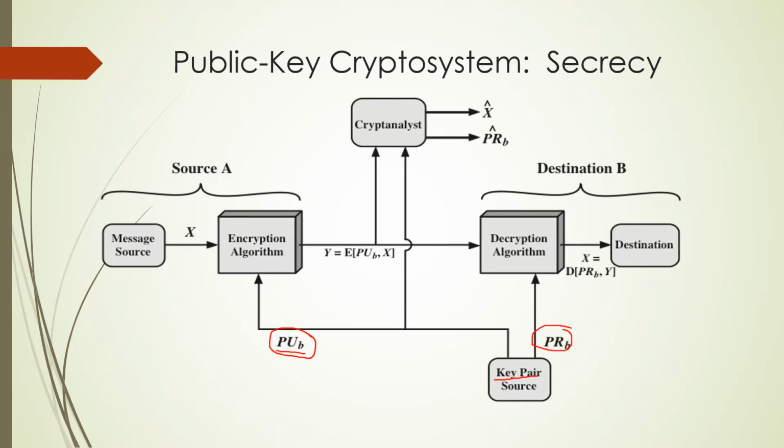The public key of Bob is used for encrypting the original message X and creating this ciphertext. Then that ciphertext will later be decrypted using the decryption algorithm and the private key of destination B to reconstruct message X.